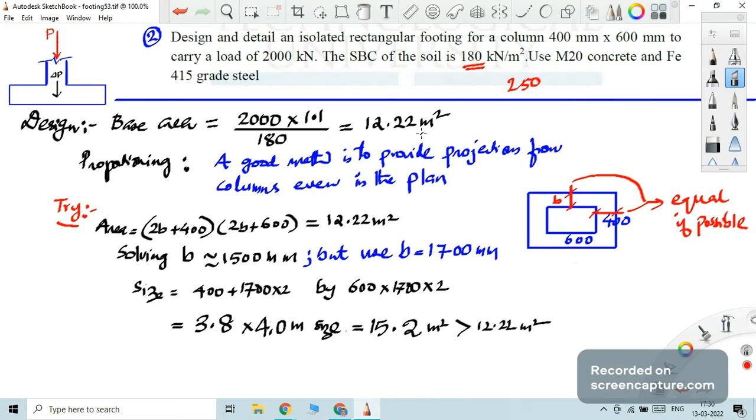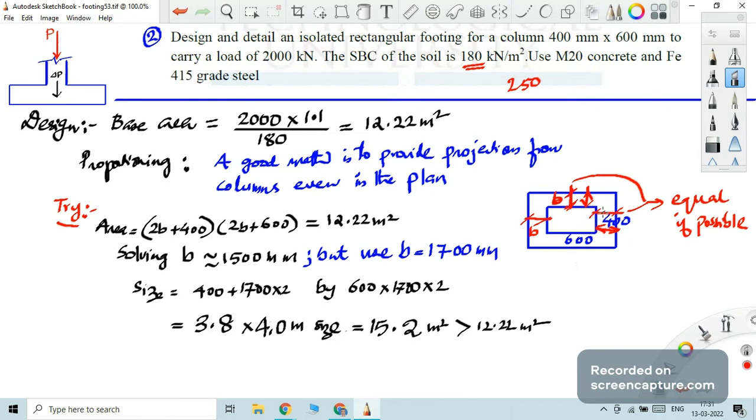When you don't have any restriction, it is always better to proportion the dimension, like you see this b here, this means the projection in plan from the column face, this projection as well as this projection. If you keep them the same, then you have some advantages, and it is also going to be a very economic sort of design.